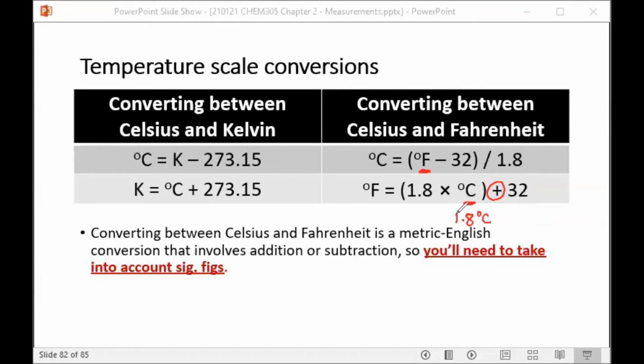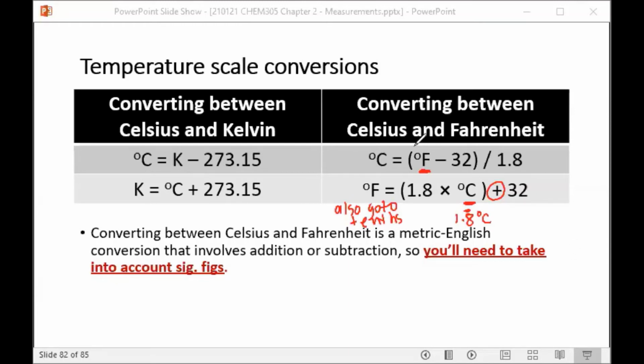So if you start out with a number like 1.8 degrees Celsius that has precision out to the 10th place, your answer in Fahrenheit will also go to the 10th place because your Celsius had precision out to the 10th place, and all the other numbers involved in the calculation are exact numbers.